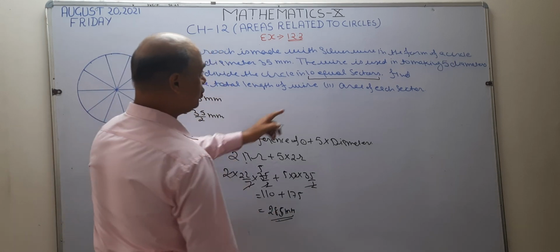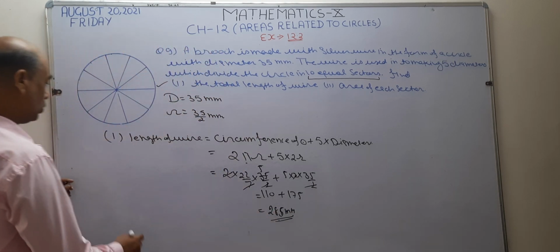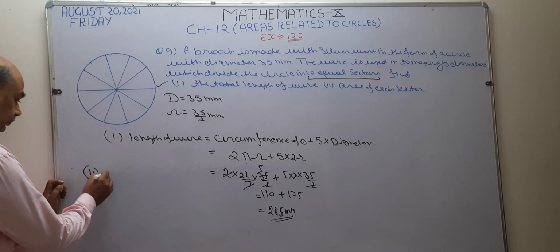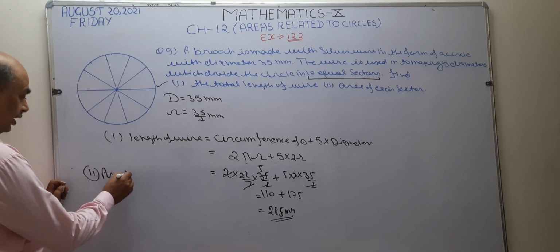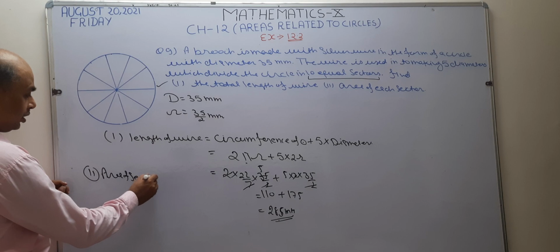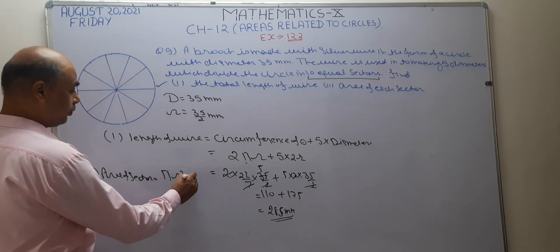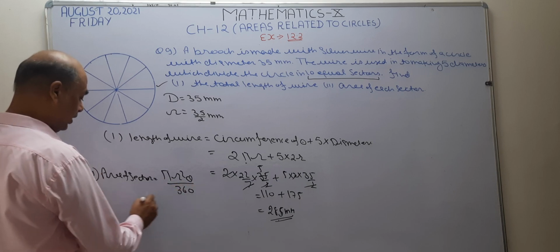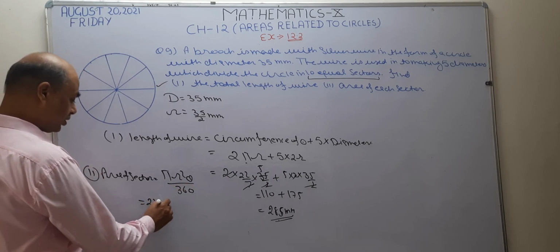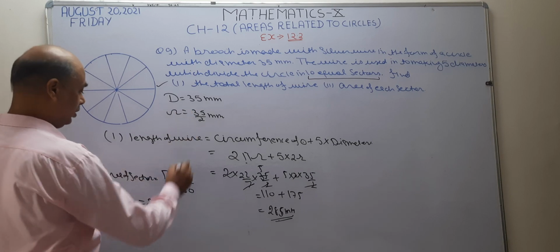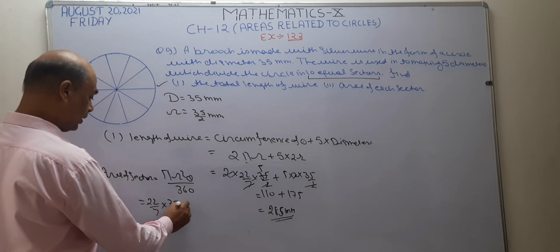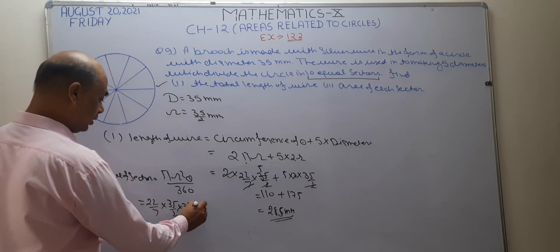Now in the second case we are going to find the area of the sector. So write here second case, area of sector. How do you find the area of the sector? You know the formula. To find the area of the sector, we use pi r square theta upon 360 degree. Value of pi is given 22/7. Radius again given 35/2 and 35/2 into theta.